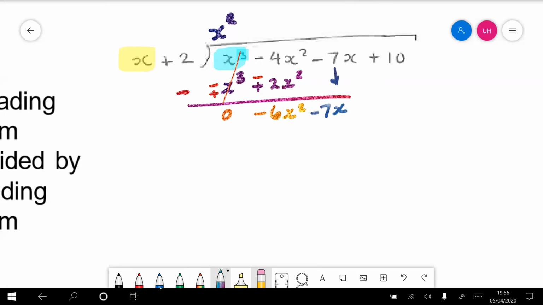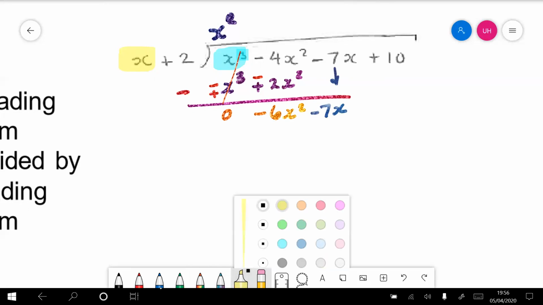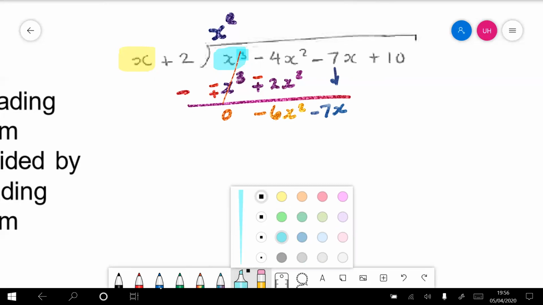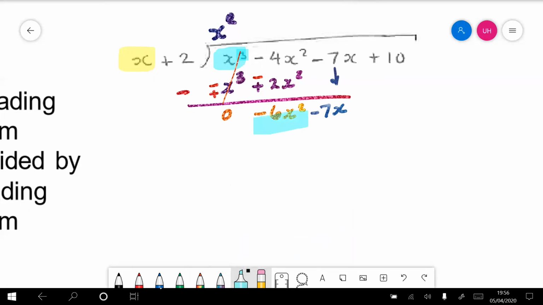And the leading term now is the minus 6x squared. So minus 6x squared divided by x is minus 6x. If you want to do it this way, to help you, minus 6x squared divided by x.